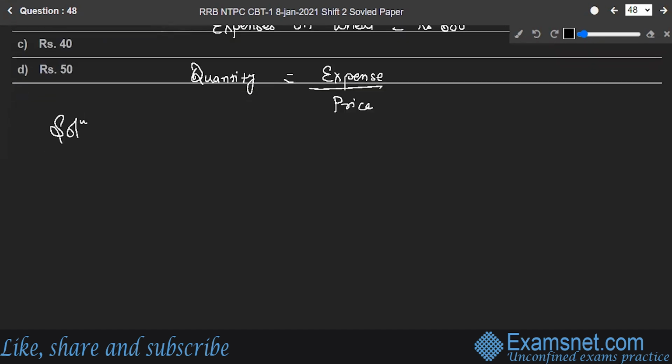So let's move with the solution. Let the original price be rupees 100A per kg.